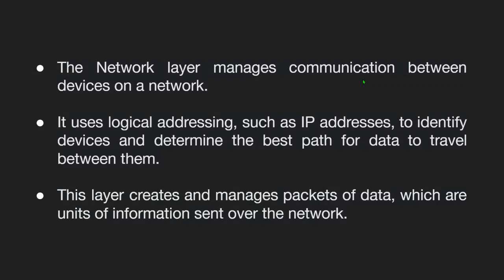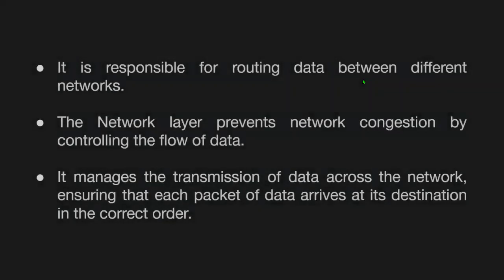The network layer also provides error detection and recovery mechanisms to ensure that data transmitted is accurate and reliable. It is also responsible for routing data between different networks, and this layer prevents network congestion by controlling the flow of the data. It also manages transmission of data across the network, ensuring that each packet of the data arrives at its destination in its correct order.